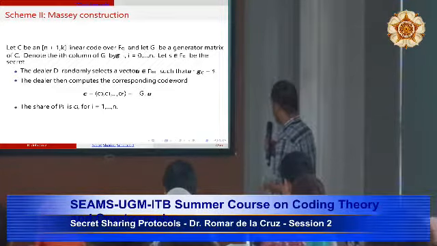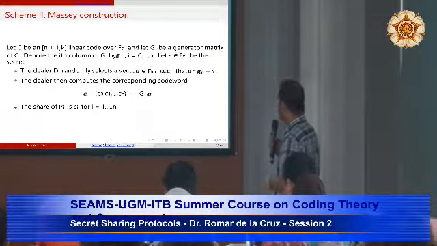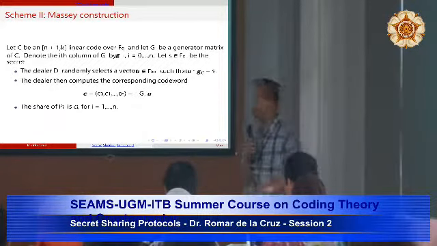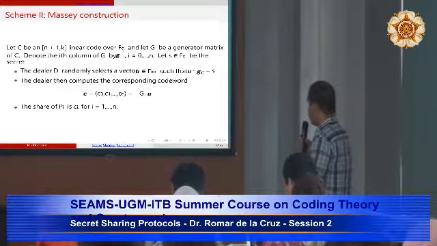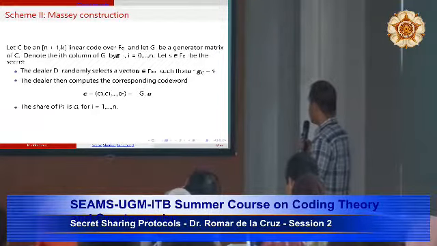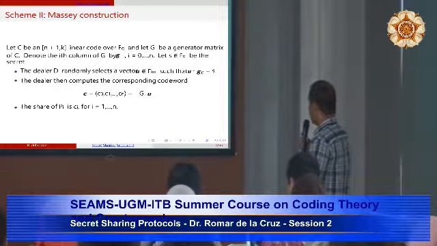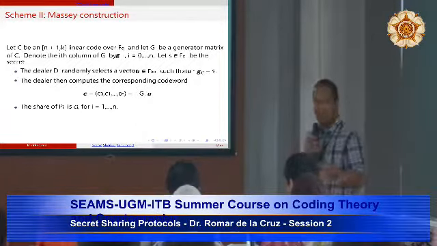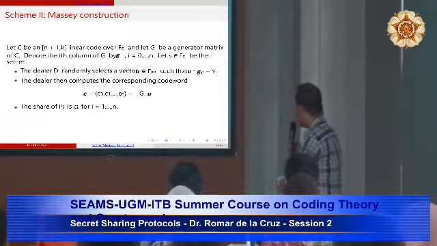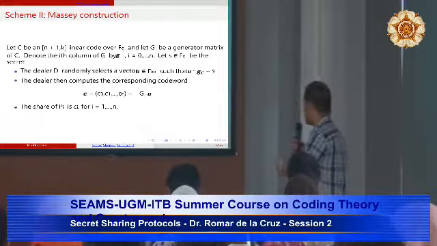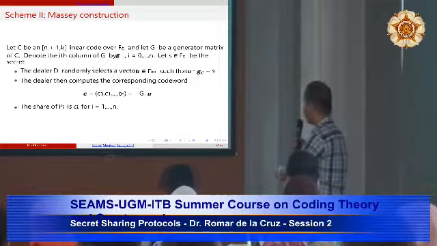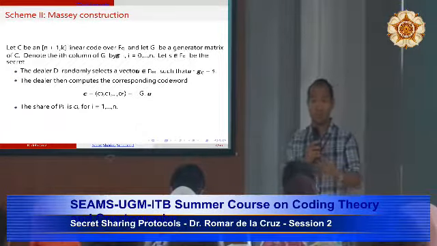Let G_i be the ith column, and let s be the secret. To share the secret, the dealer randomly selects a vector u, the information vector, with this property: the inner product of u with the first column of G is equal to the secret.